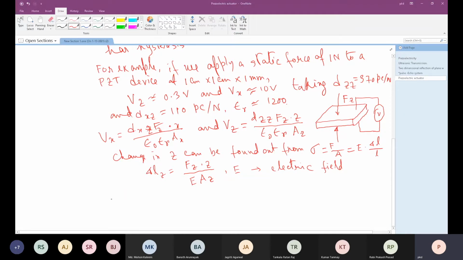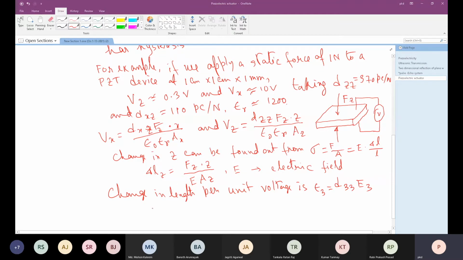So changing length per unit voltage would be, for example, say epsilon 3 is d33 into E3. d33 is the piezoelectric coefficient, E is the electric field.